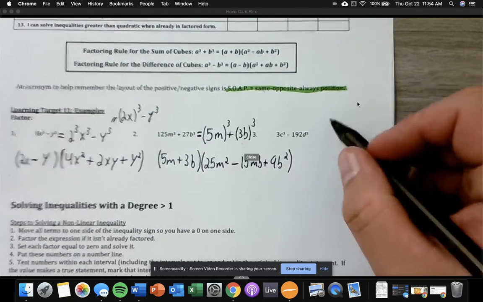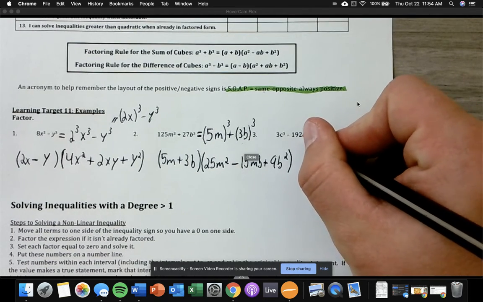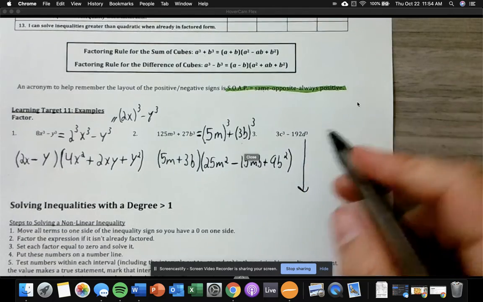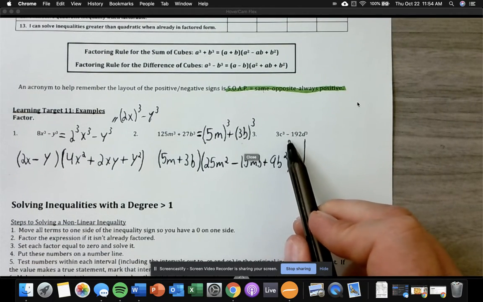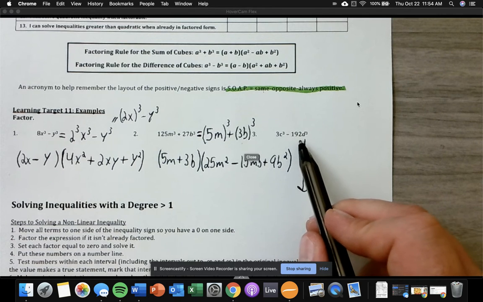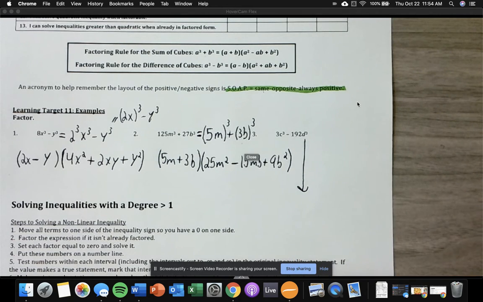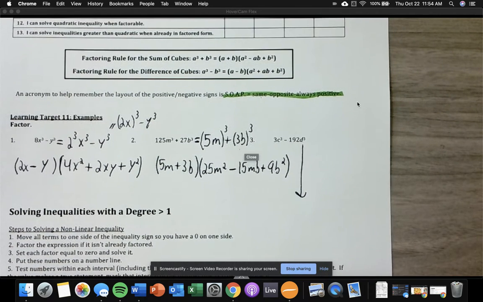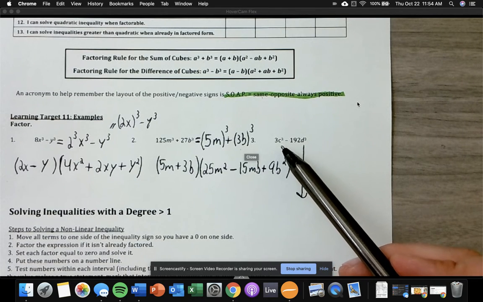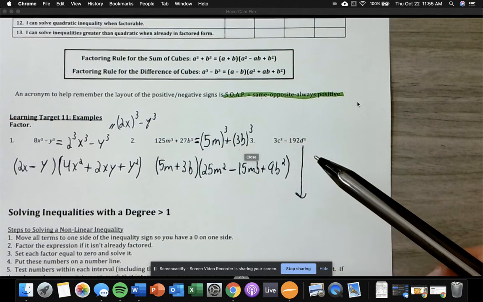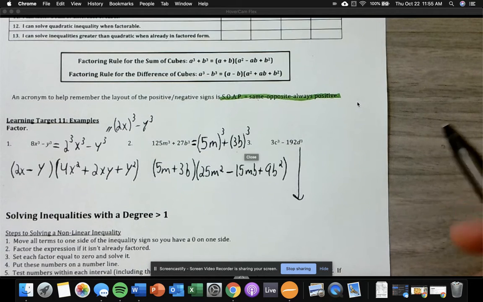All right, and the last one, I'm running out of room a little bit, so I'm going to rewrite it down here. But first, I have 3c raised to the third power minus 192d raised to the third power. Right away, we can see 3 is going to be a problem for us, because we can't do anything raised to the third power and get 3, not easily at least.